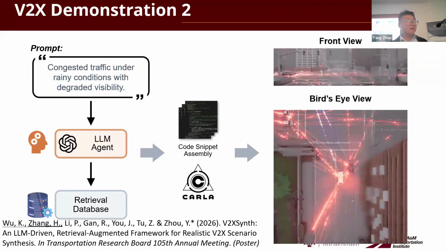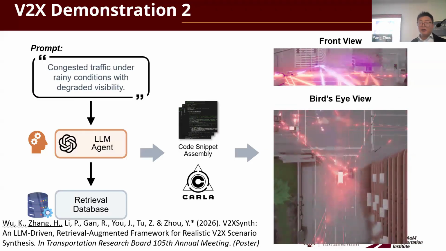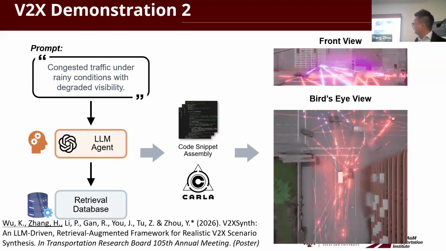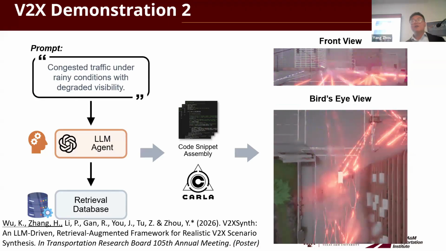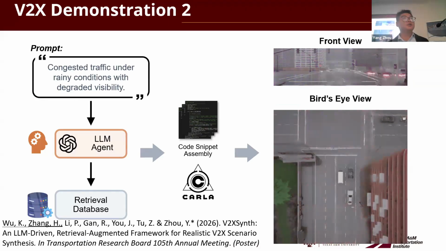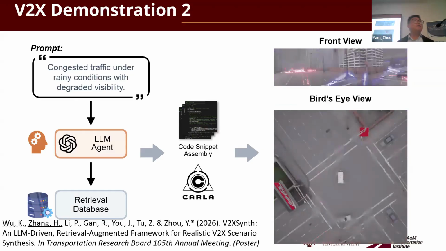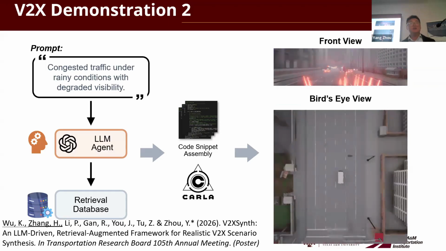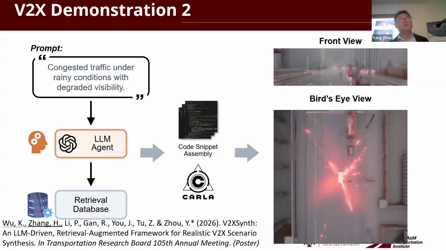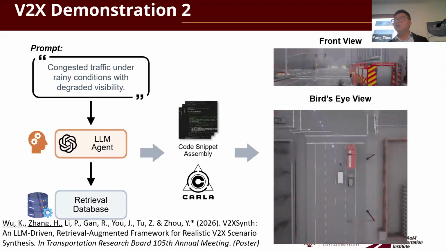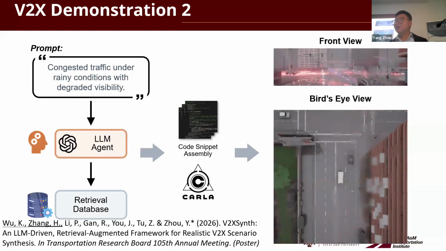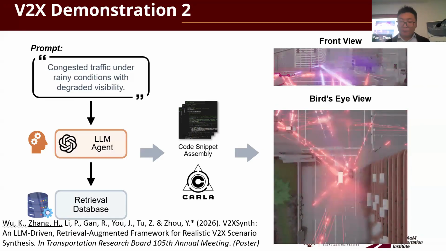And here's another case for congested traffic in raining conditions with degraded visibility. Very similar things. But it's still under development, and we try to put every simulation need into the agent so that we can readily control everything and do lots of data augmentation in an automatic way.